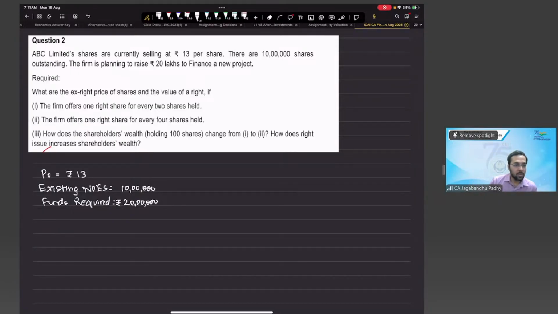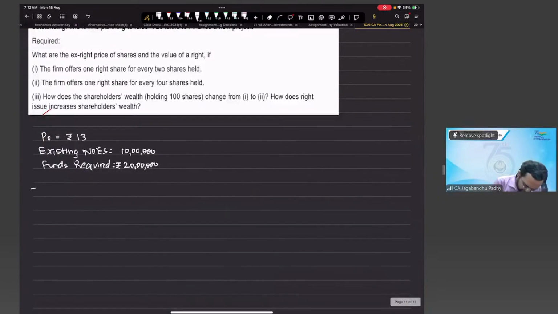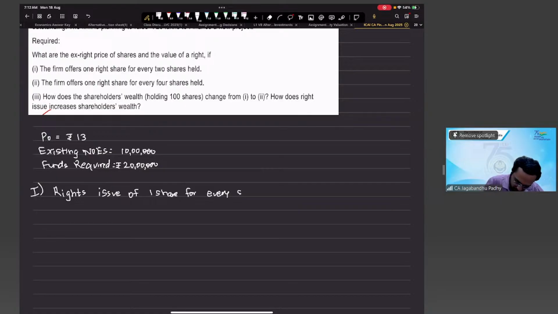Let's look at the first case, wherein we are issuing a rights issue of one share for every two shares.